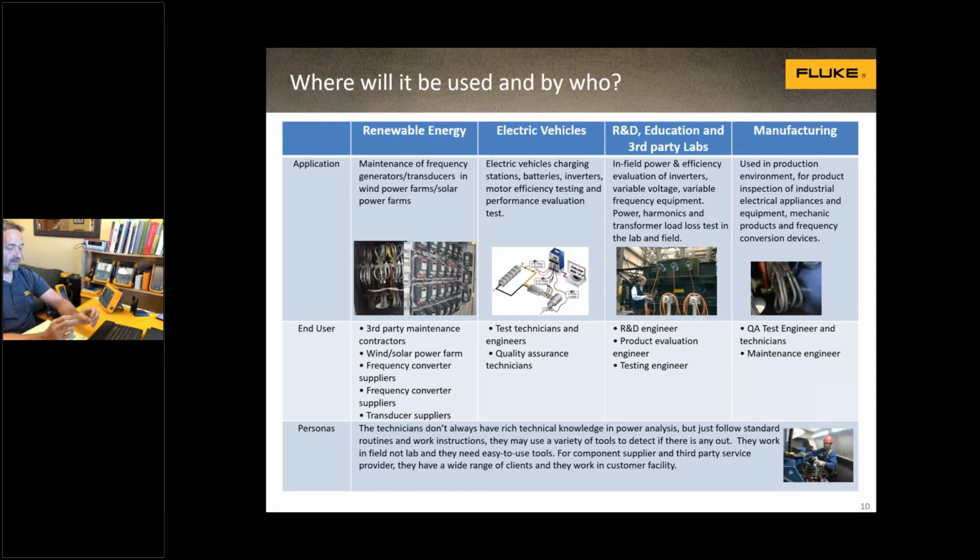The Norma being a higher accuracy portable unit, I think our key focus here is renewable energy, just because you're dealing with AC and DC conversion systems, the electric vehicle market, but of course research and development, and then third-party labs, who have used the bench Normas for many years. The Norma 6000 portable version would also be an option there now, especially if you don't have access to power and you need to move something around a lot.